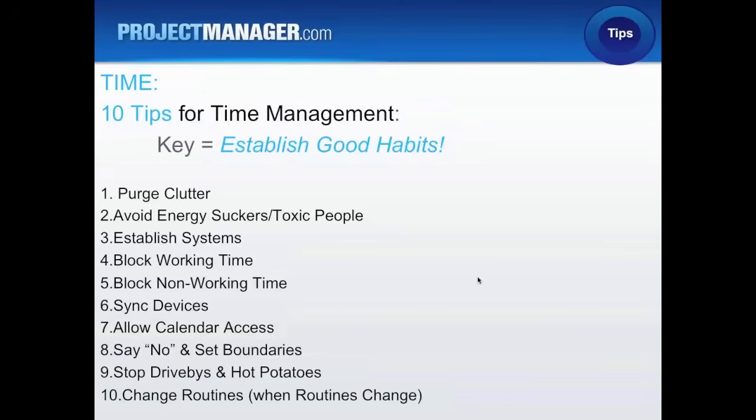Number two, avoid energy suckers. You know, they're the toxic people. They're the people who come around who steal your energy. They always want to camp out in your office. They're the people who call, who want to get you stuck on a call for 30 minutes or an hour. So know who those people are and really set boundaries and don't let them take your time. But they could also be some of your customers who find some of your resources.